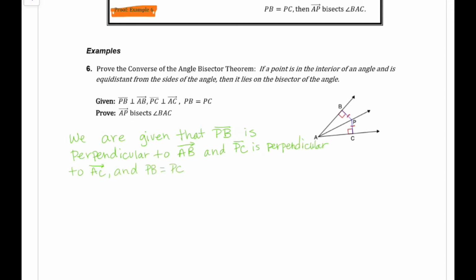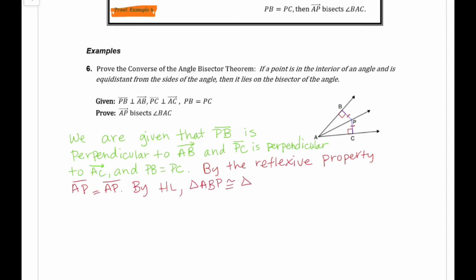So we know that by the reflexive property, AP is congruent to AP. So since we've got these two triangles that are congruent, we have a right triangle on both of them and they have a hypotenuse and a leg. These two triangles are congruent by HL. So triangle ABP is congruent to triangle ACP.